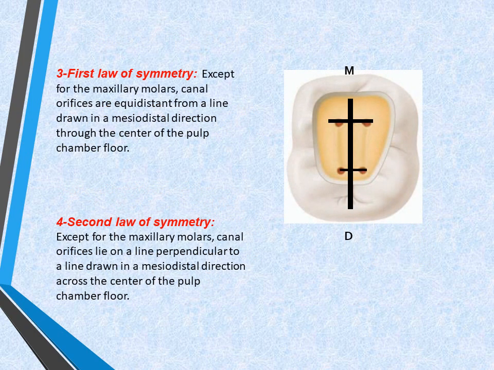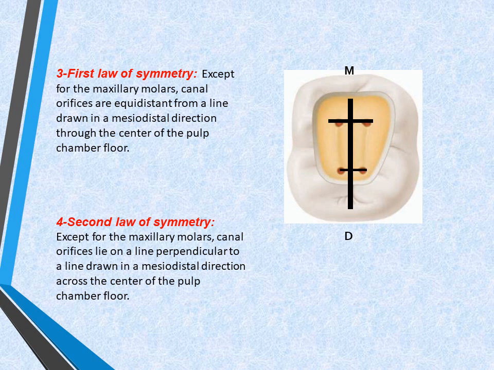Now coming to the first law of symmetry, this can be a little confusing to retain in your memory, but once you understand it, it will help you decide how many root canals you should be expecting in a tooth, especially when it comes to the molars.